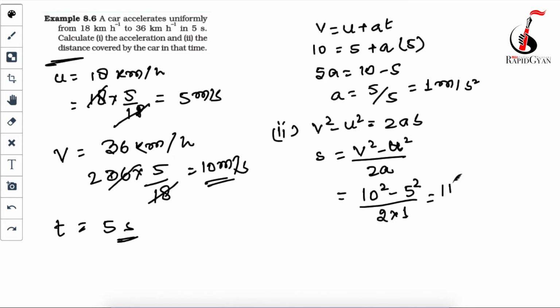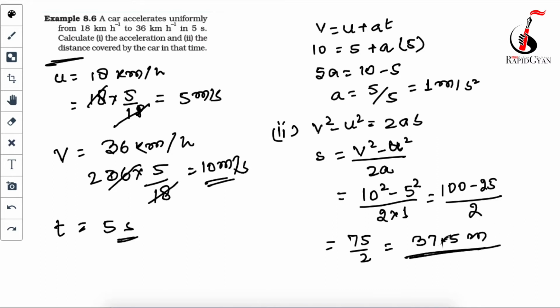So which is 100 minus 25 upon 2, that is equal to 75 upon 2, which is equal to 37.5 meter. That's your answer. Hope it's clear, guys.